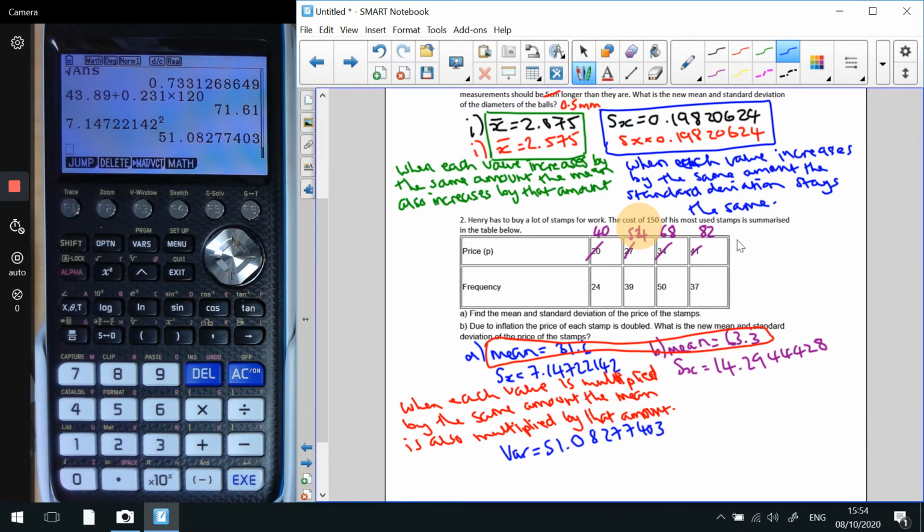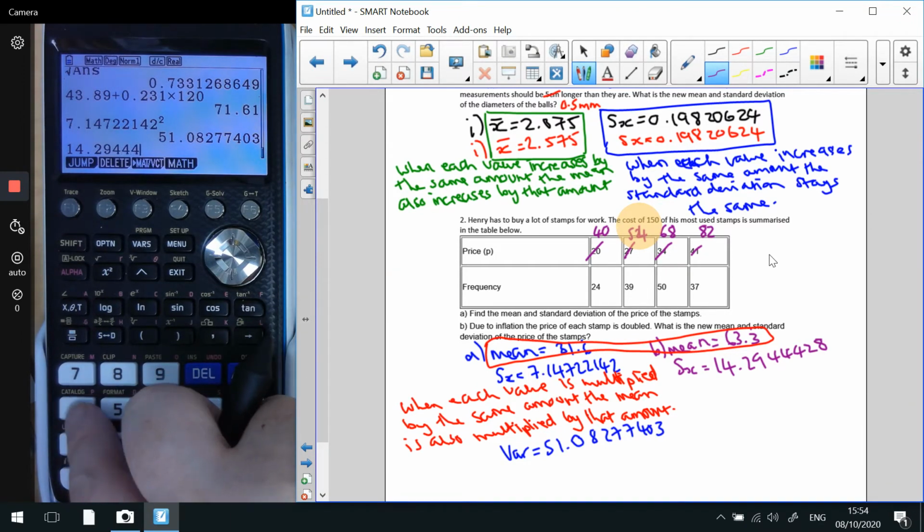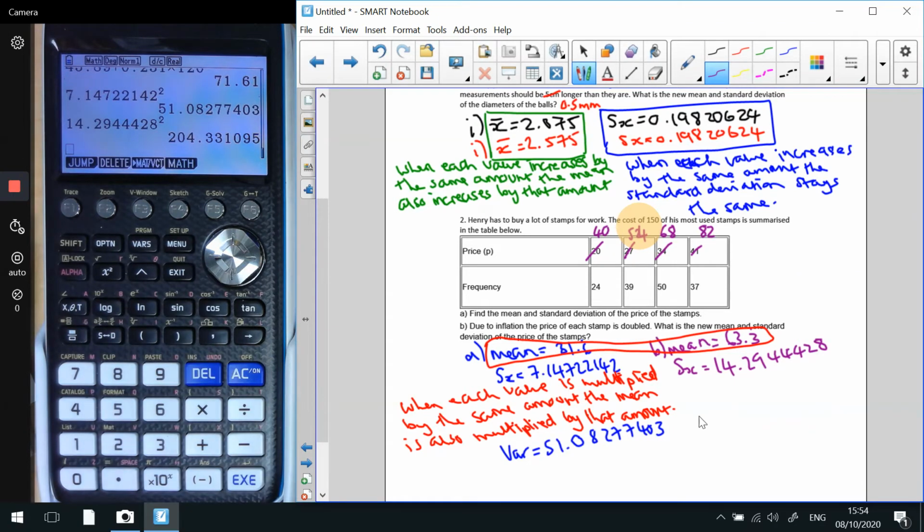And for the second one, 14.2944428 squared, and that gives us a variance of 204.331095.